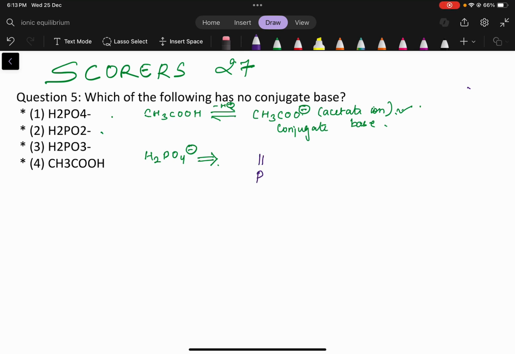P double bond O, single bond O connected to hydrogen, right? So we have 1, 2, 3, 4 oxygens and 2 hydrogens connected to oxygen. So this becomes H2PO4 minus.